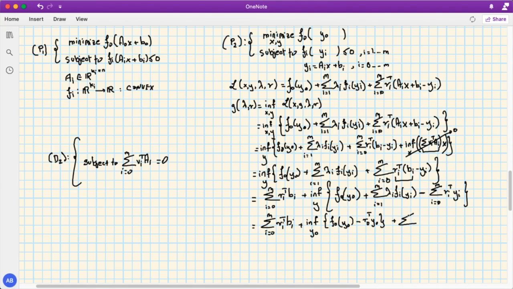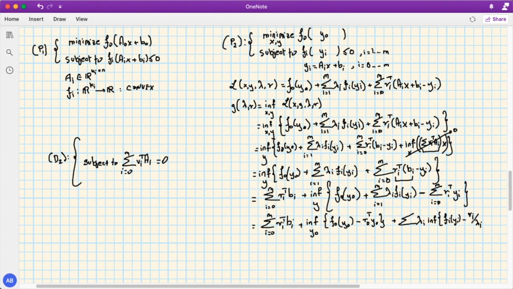And then for all the others, they're all the same. They're all multiplied by lambda i. We take the infimum, so I'm going to extract lambda i. That's what it is: fi of yi minus nu i over lambda i.